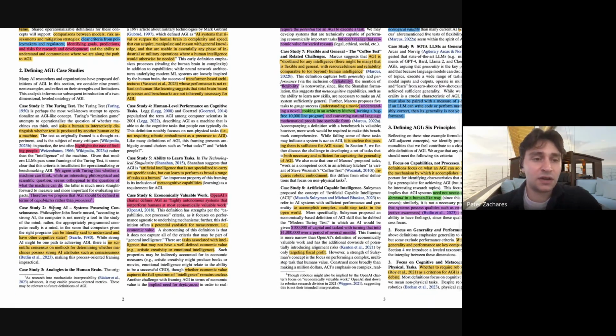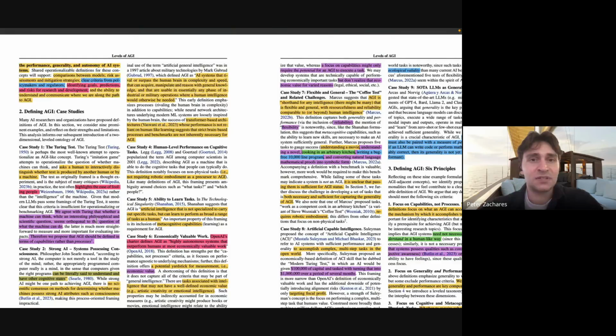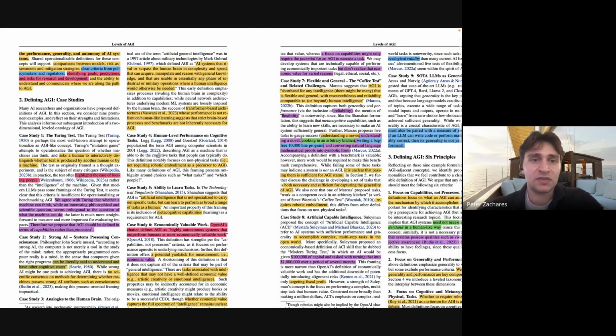Another one is the idea of strong AI, which basically says we've achieved AGI when the machine exhibiting the intelligence can understand and have other cognitive states, which is basically saying it has consciousness. We'll go into a little more detail there. So that's an interesting one.